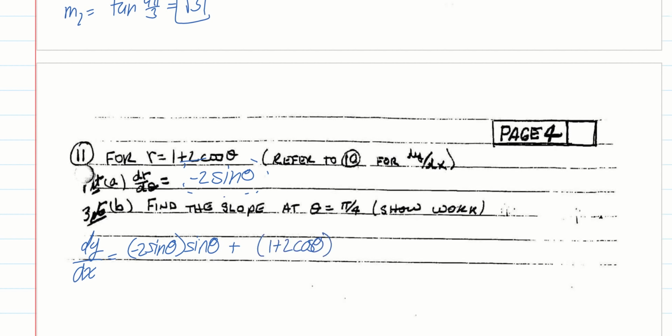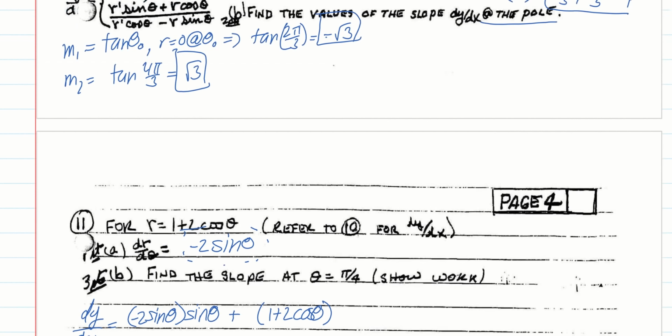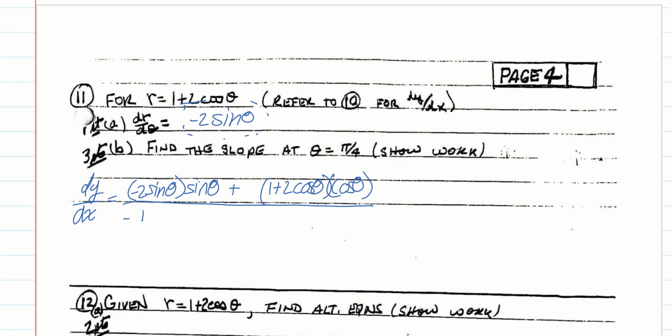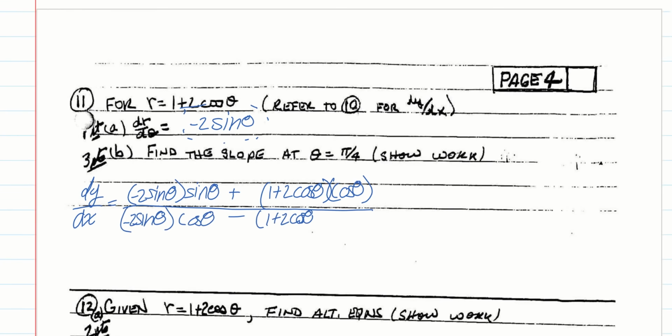I'm glad they picked pi over 4, so it'll be the same value for all of these. Cosine theta all over. So negative 2 sine theta cosine theta minus, I think it's r sine theta, 1 plus 2 cosine theta sine theta.